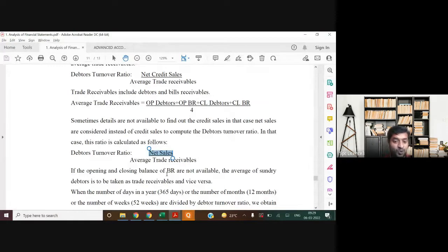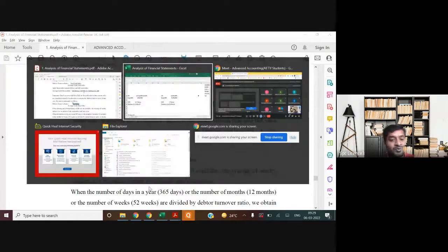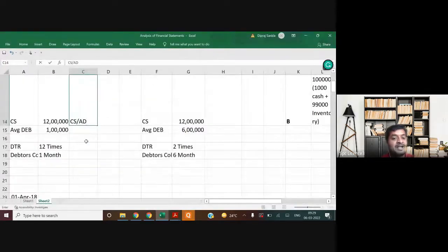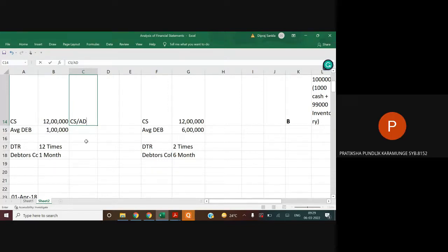If the balances of bill receivable are not available, then take the average of sundry debtors as trade receivables. The formula is credit sale divided by average debtors. If bill receivable figures are not in the problem, then calculate the average of debtors and consider it as average trade receivable. Understood?